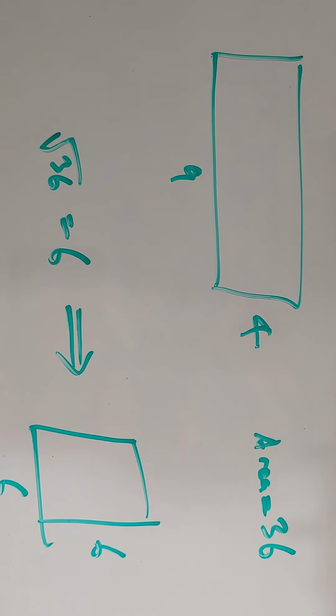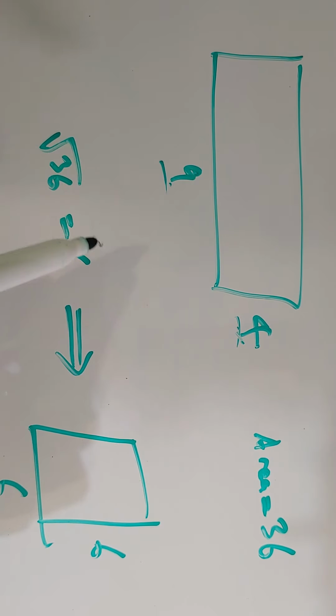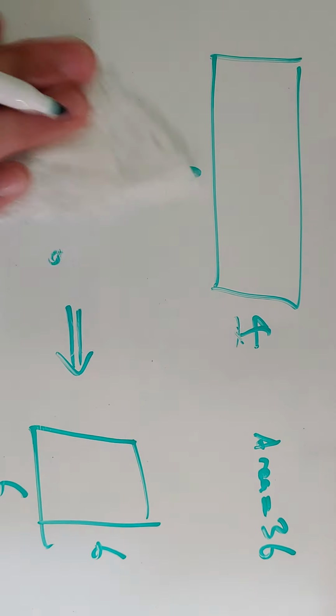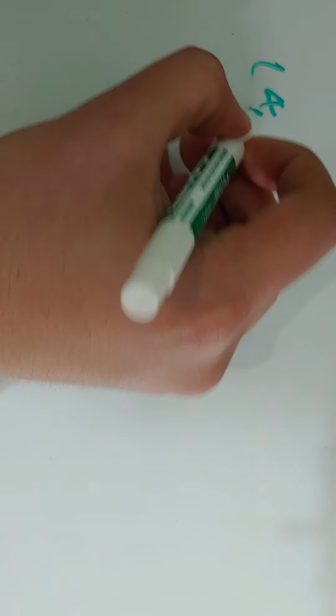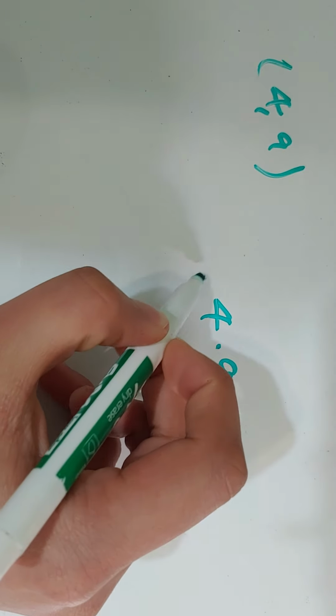Now, you might have noticed already that this is actually equivalent to taking the geometric mean of these two numbers, 4 and 9. Why is that? Well, you're taking the square root of the area, and the area is just these two numbers multiplied together. So if we are given the numbers 4 and 9, what the question is asking us to do is multiply them together, so 4 times 9, and then take the square root.